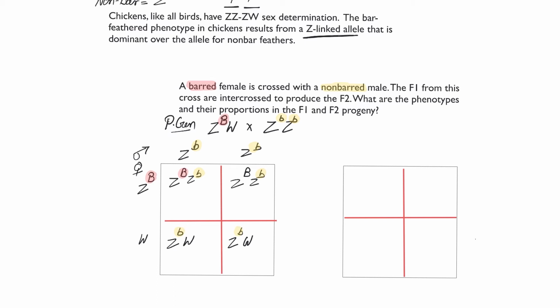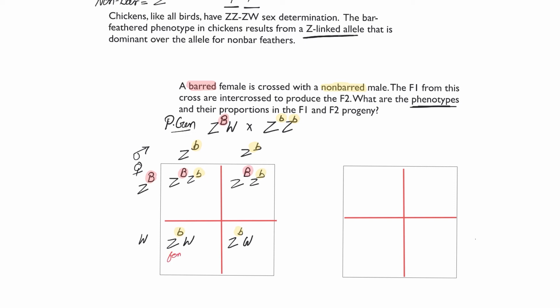So the question wanted us to find out the phenotypes and the proportions in the F1 and F2. We can clearly find that we have the following phenotypes. Remember, males are homogametic and the female is heterogametic here, right?